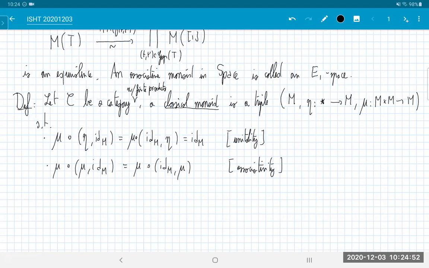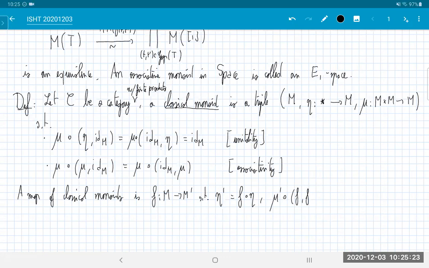I actually didn't define what maps of monoids and of classical monoids are. Maps of monoids just mean natural transformations of such functors. And a map of classical monoids is f from M to M prime that respects the unit and the multiplication, so mu prime composed with f, f is f composed with mu.